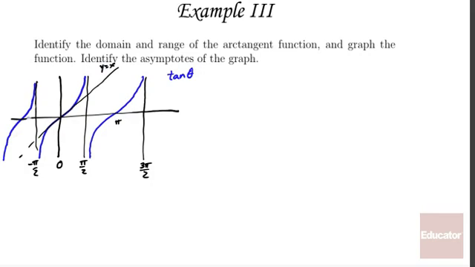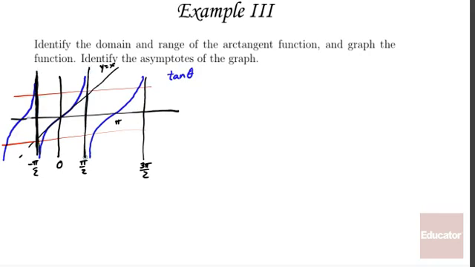And just like with sine, the tangent function fails the horizontal line test badly. You can draw horizontal lines and intersect it in lots of places. So just like with sine, we're going to cut off part of the tangent function and use that to form the arctangent function. So we're going to cut off just one of these curves.